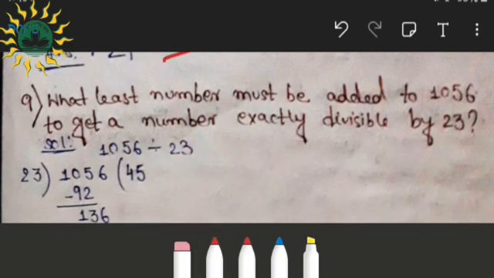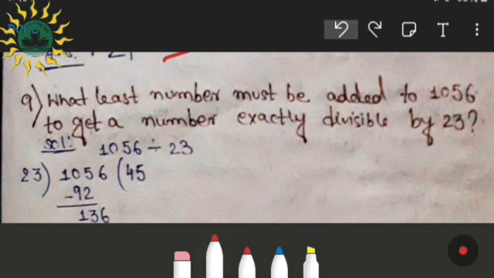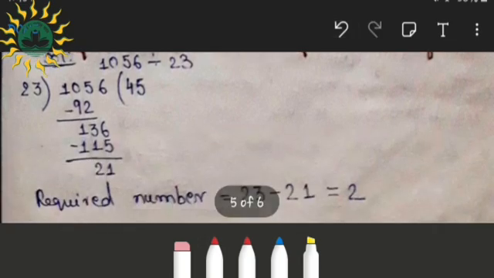Next, what least number must be added to 1056 to get a number exactly divisible by 23? Now we have to add some number to 1056 to make it divisible by 23. In the previous case it was least number to be subtracted, but here least number is to be added. First we have to divide normally.